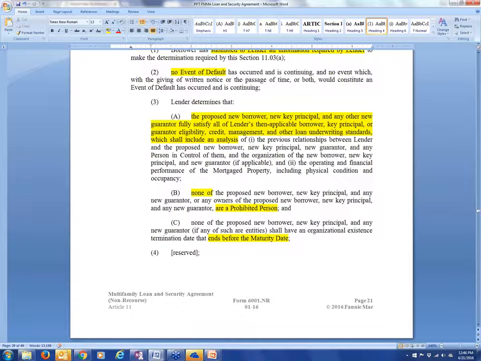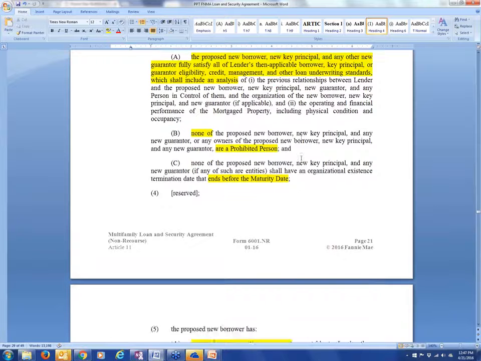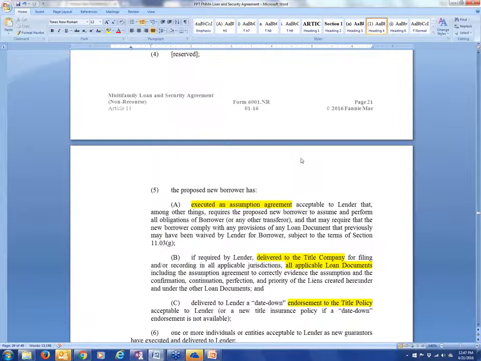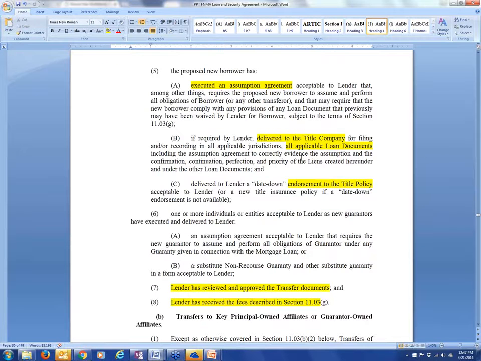None of the people who are borrowing are prohibited persons. The entity that's buying doesn't have a stale date on the structure or the ownership of the entity that will be before the maturity date of the note, and they also have to execute the assumption agreement.